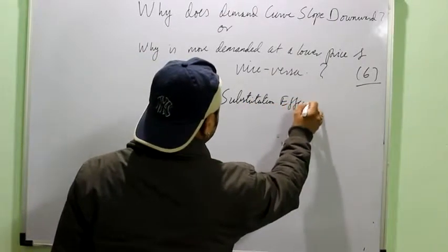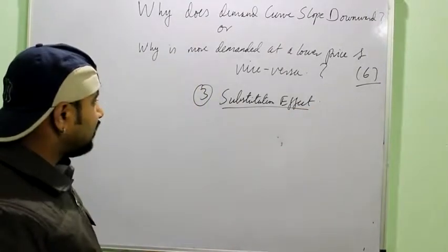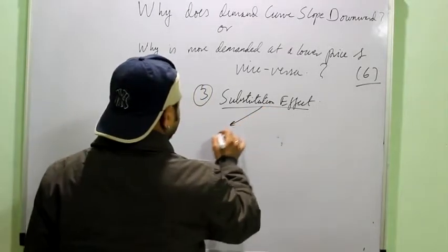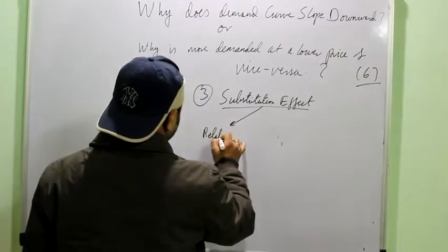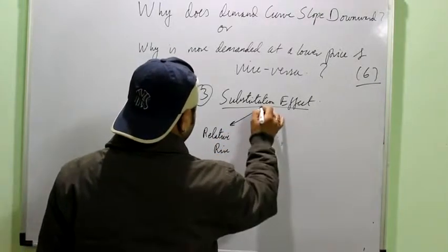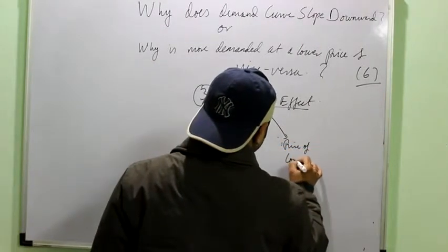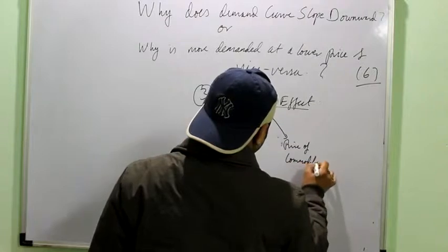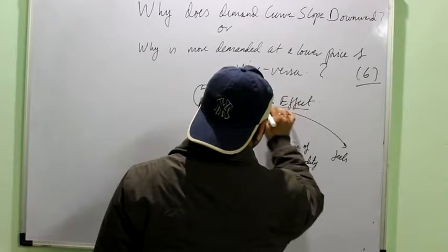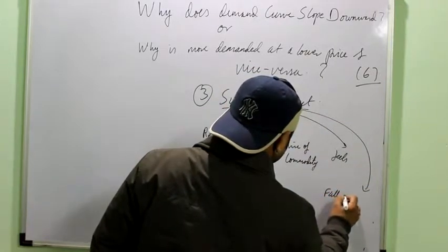Again remember, the substitution effect is the effect of the rise or fall in the price of one commodity on its substitute. Substitution effect again is a relative rise in the price of a commodity which a consumer feels due to a fall in the price of its substitute.